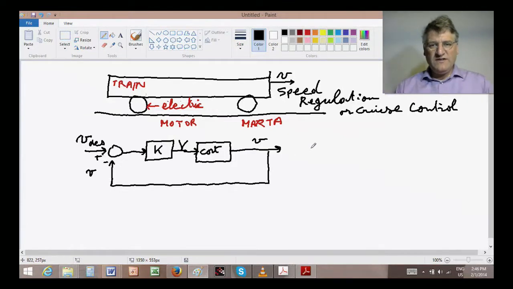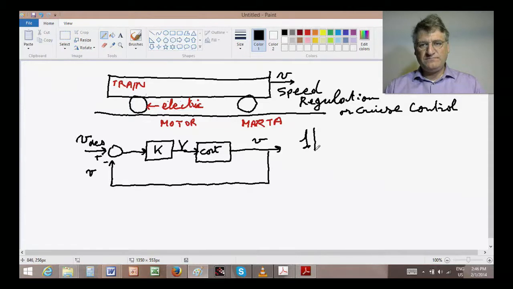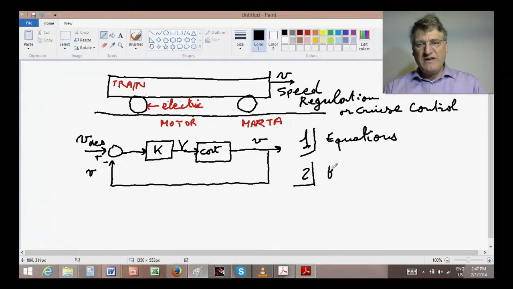Now, what I want is to do three things. First, put everything into equations. Second, build the logic. And third, do simulations.